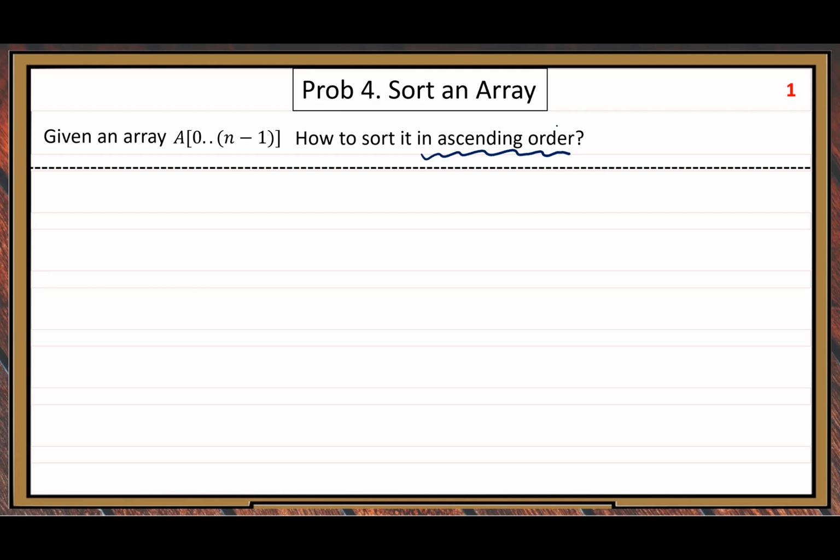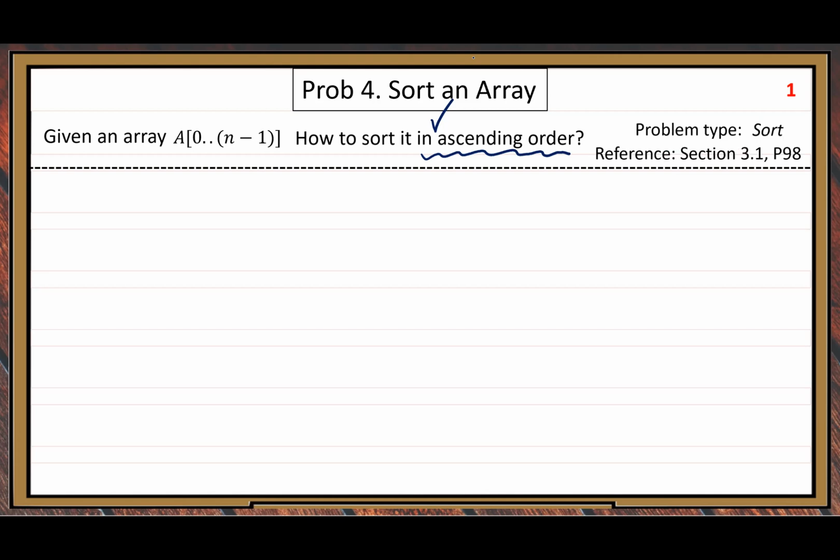If I do not say any word, ascending or descending, by default, we mean ascending. In my questions, sometimes I just say in order. All right, in order means in ascending order. Next, the problem type is sort.